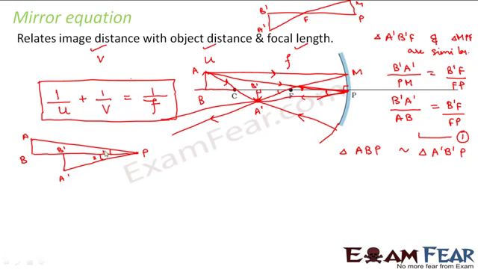If you compare these two triangles, these two angles are equal, this is 90 degrees, this is 90 degrees, so these angles will also be equal. So by AAA similarity, these two triangles will also be similar. Therefore, by property of similarity, we can say that AB divided by B dash A dash is equal to PB divided by PB dash. Let me call this equation 2.